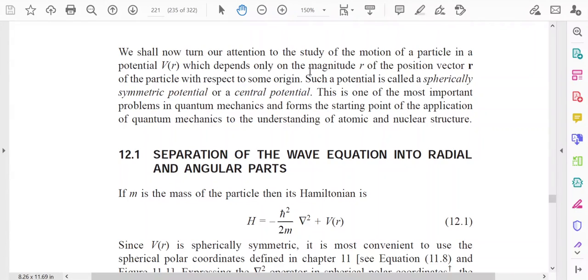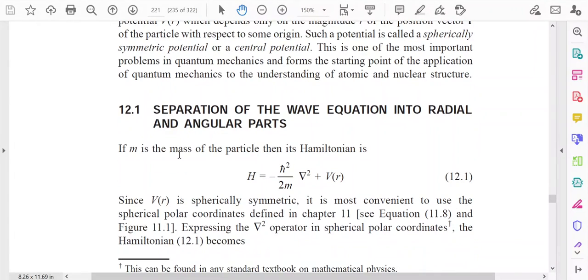We are going to study the motion of a particle where V(r) depends only on the magnitude r of the position vector r. This r is the position vector of the particle with respect to some origin. So, V(r) depends only on the magnitude r of the position vector. Such a potential is called a spherically symmetric potential or a central potential.